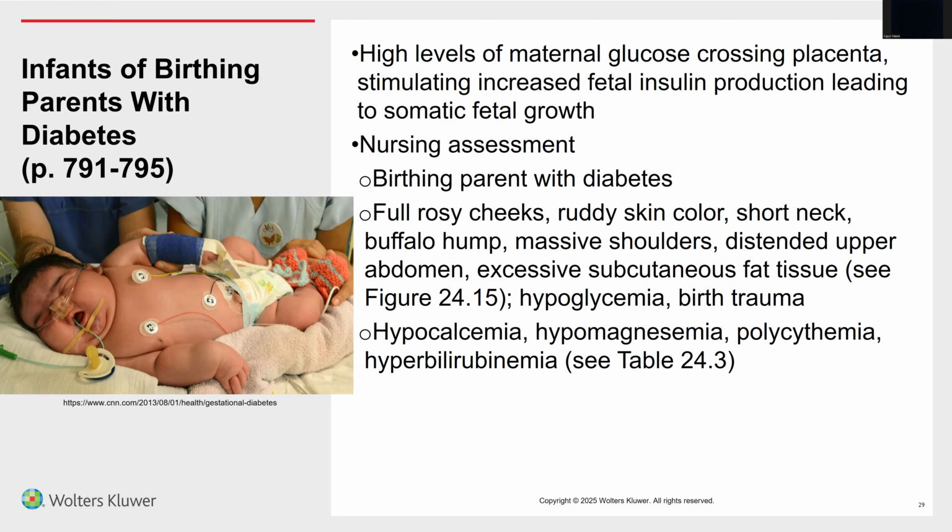These little ones can also be prone to respiratory problems as well as thermoregulation issues.